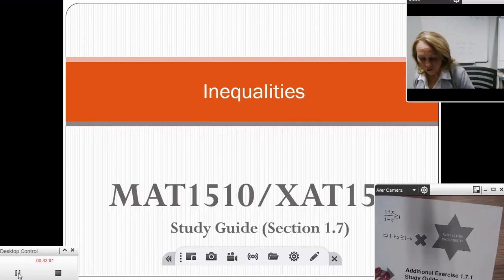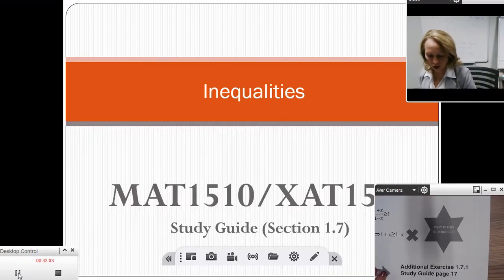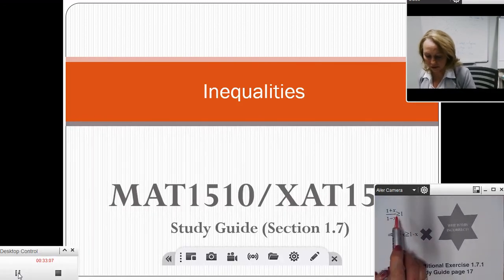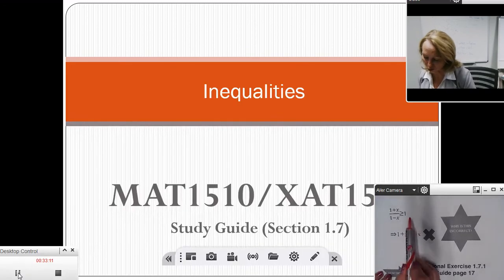To end off, I would like us to think about this inequality: 1 plus x over 1 minus x greater than or equal to 1. So this is a rational inequality.